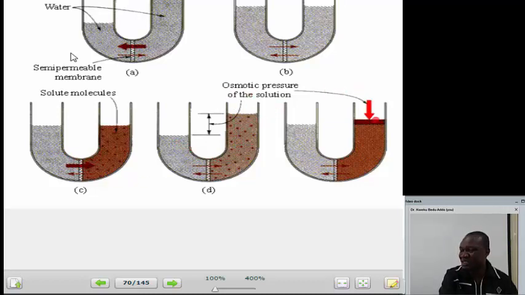Now, if we have our water and our solution, and we apply an external pressure, the external pressure will prevent water movement. The pressure where there is no net movement of water is the osmotic pressure of the solution. The osmotic pressure of a solution depends on the number of solute particles present in the solution.